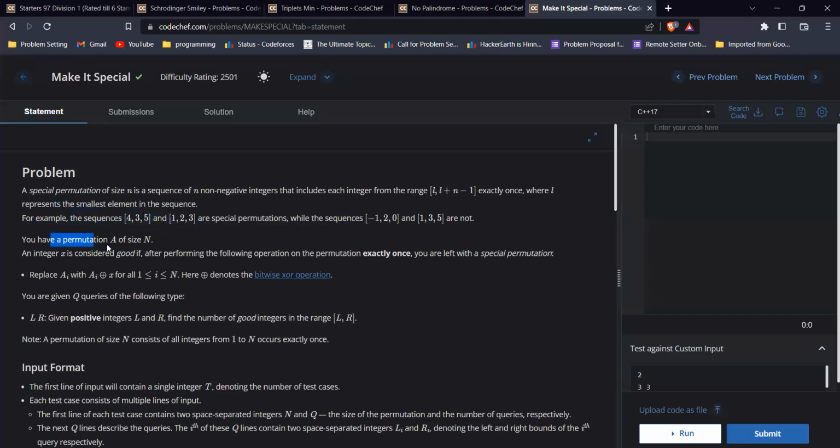An integer x is said to be good if after performing the following operations on the permutation exactly once, we have a special permutation.